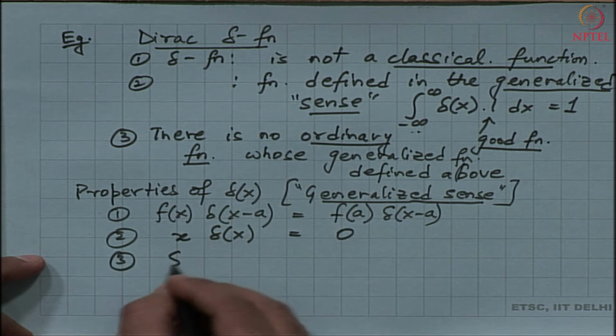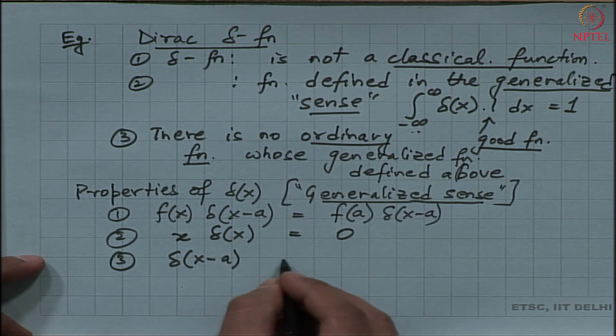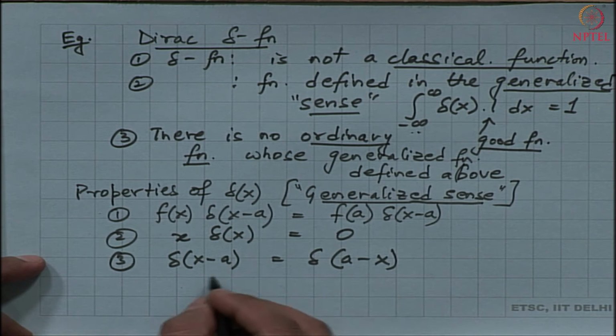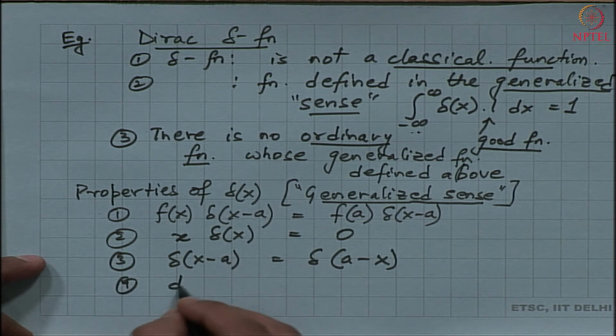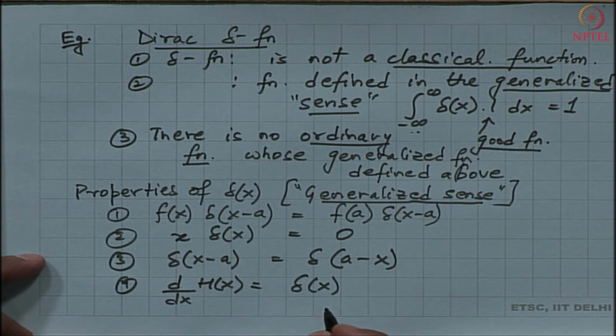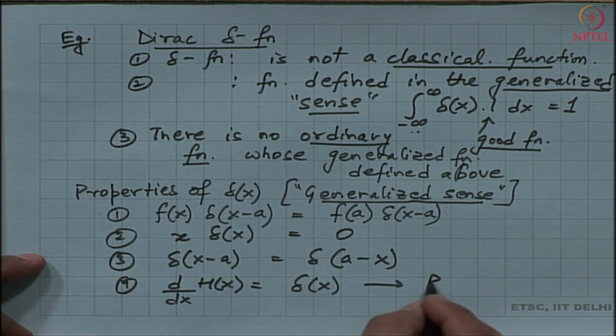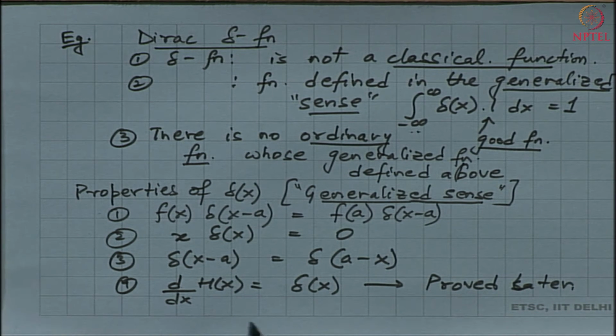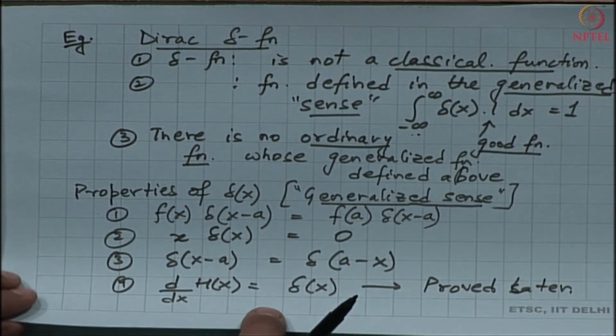Then delta of x minus a is an even function. So, delta of x minus a is delta of a minus x, and finally, it turns out that the derivative of the Heaviside function is the delta function, right. I am going to show it later soon. Okay. So, these are some of the properties that are highlighted.